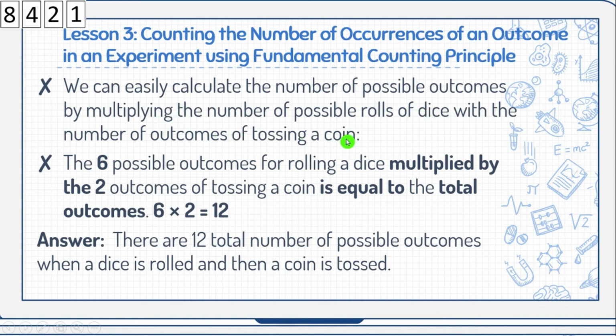The 6 possible outcomes for rolling a dice multiplied by 2 outcomes of tossing a coin is equal to the total outcomes of 6 times 2 is equal to 12. So therefore, there are 12 total number of possible outcomes when a dice is rolled and then a coin is tossed. Ito po yung sa ating example number 1.